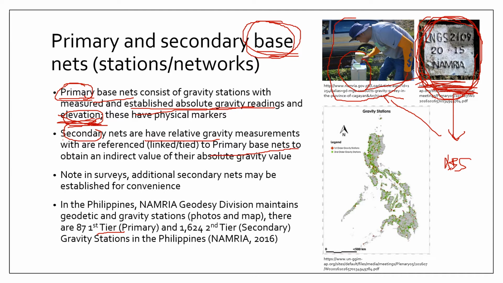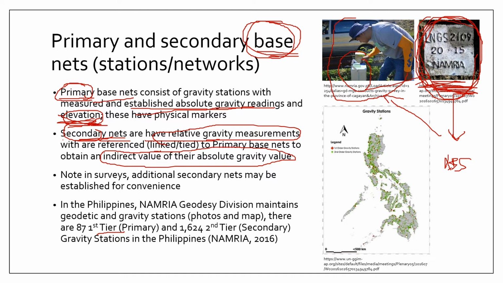So what they do here is they first calibrate their gravimeter in the primary base, and they do their relative gravity measurements in the secondary base, so that they can actually have an indirect value of the absolute gravity in that station.